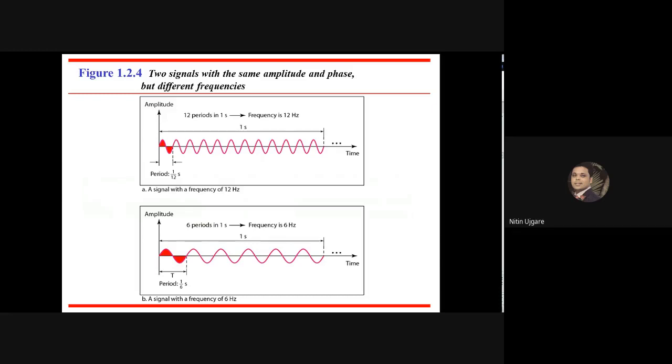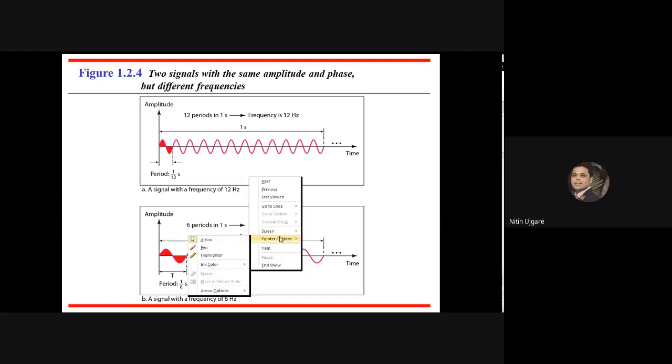Now let us take some examples to demonstrate the frequency and the period. This figure shows two signals with the same amplitude and phase, but different frequencies. Period is normally expressed in seconds, whereas frequency is normally expressed in hertz, which is cycles per second. We will see the units of period and frequency in the upcoming slide, but here in this figure you can see that the first signal has a frequency of 12 hertz.